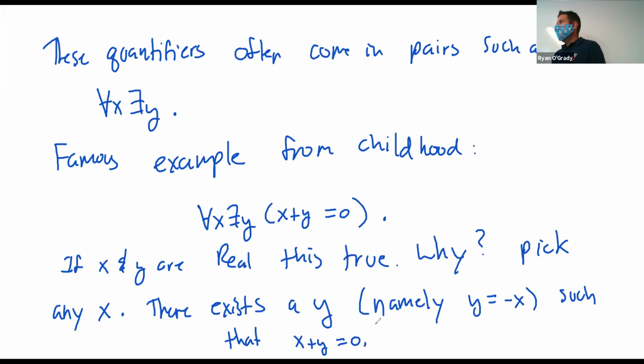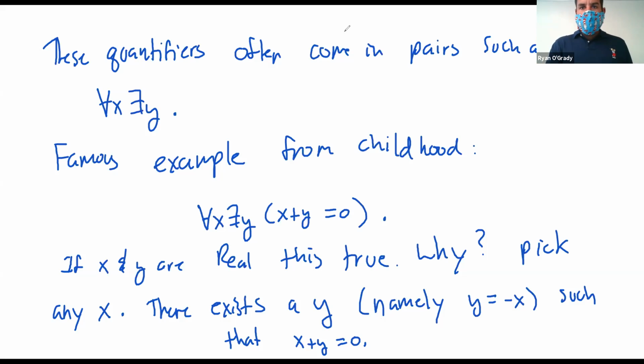Don't overthink this. What's 5 plus negative 5? What's 7 plus negative 7? What's negative 7 plus 7? This is called the additive inverse. Every number has an additive inverse. So the point is, pick any x you want.